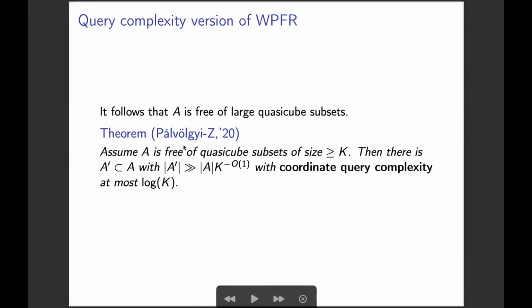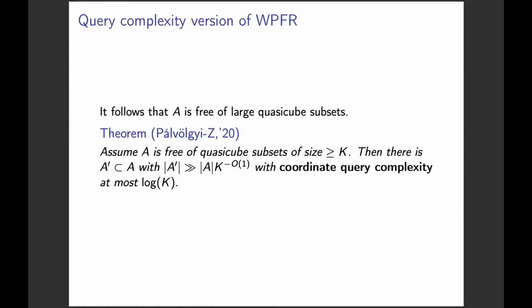That was a joint paper with Dmitrii Zhelezov and myself: if you have a multidimensional set free of quasicube subsets of size K, which is basically the same as saying that |A+A| is less than K|A|, then there is a huge subset of A which is of low coordinate query complexity, logarithmic.